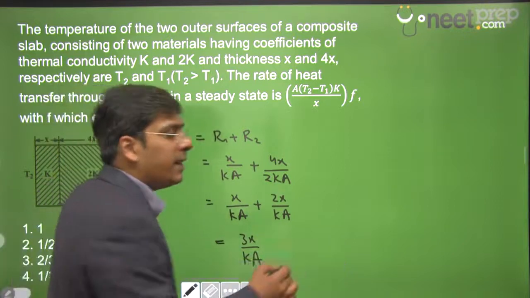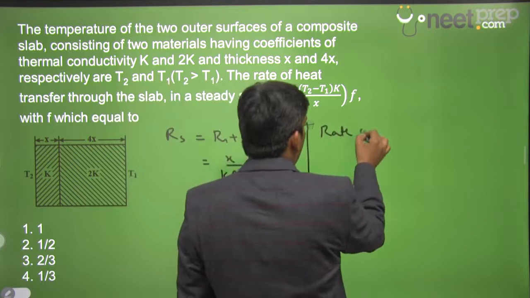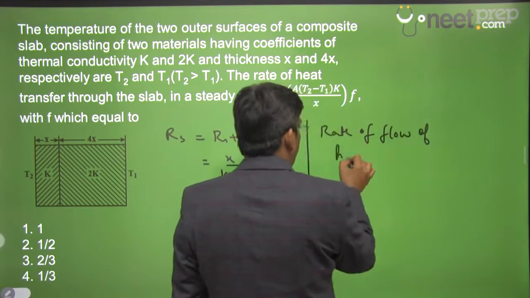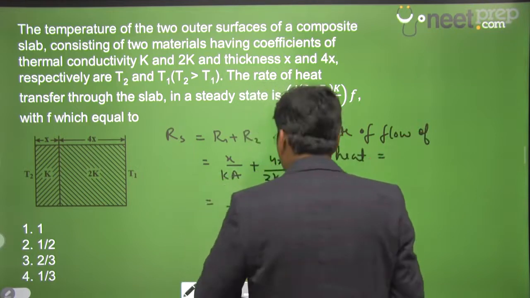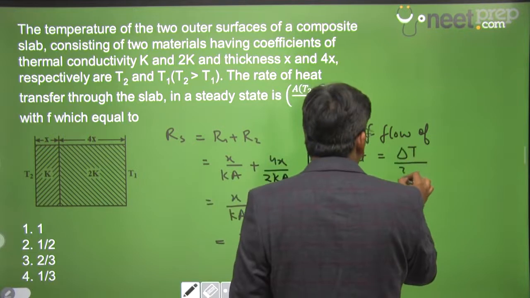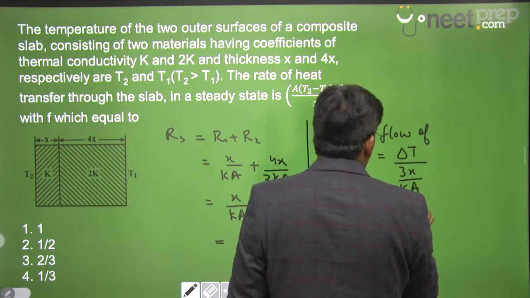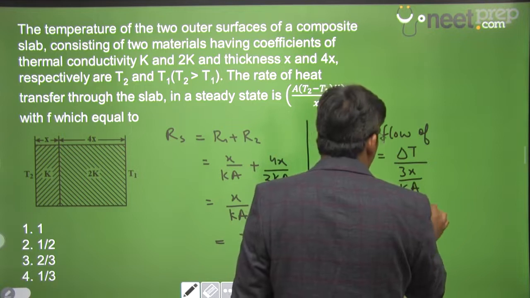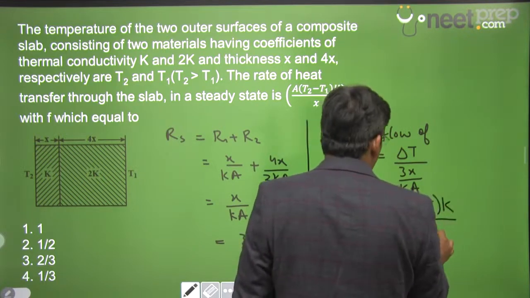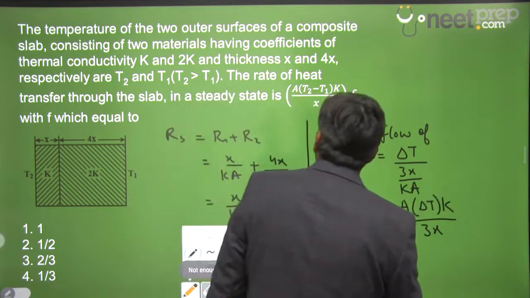Now the rate of flow of heat is basically the temperature difference divided by resistance. What is the resistance? It is 3X by K into area. So we get area into delta T into K divided by 3X, but it is given that the rate of flow of heat is something else.